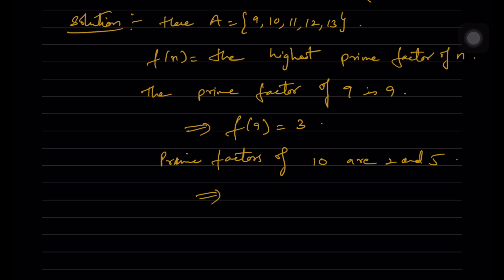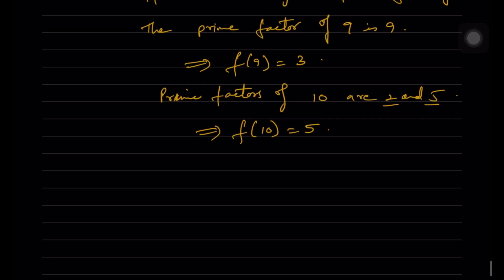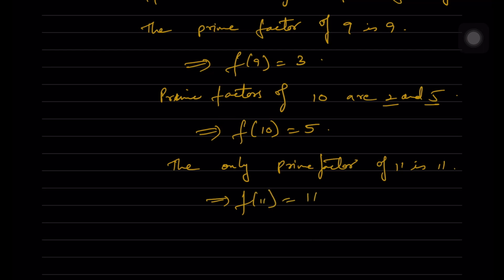So which implies that f of 10 is equal to 5. The highest prime factor we have to take. So which is the highest? 5 is the highest. So we are taking prime factor of 10 is equal to 5. Then the only prime factor of 11 is 11 itself, which implies that f of 11 is equal to 11.